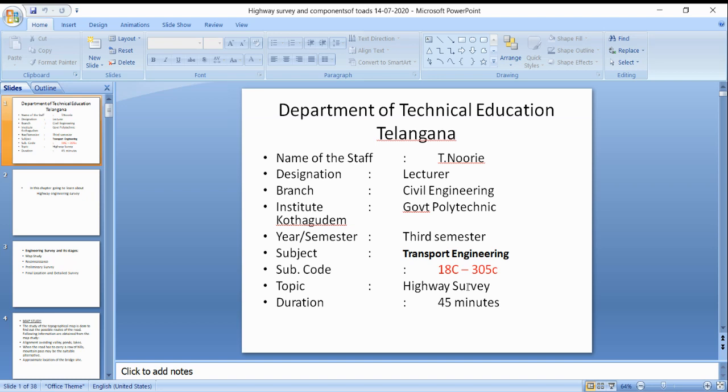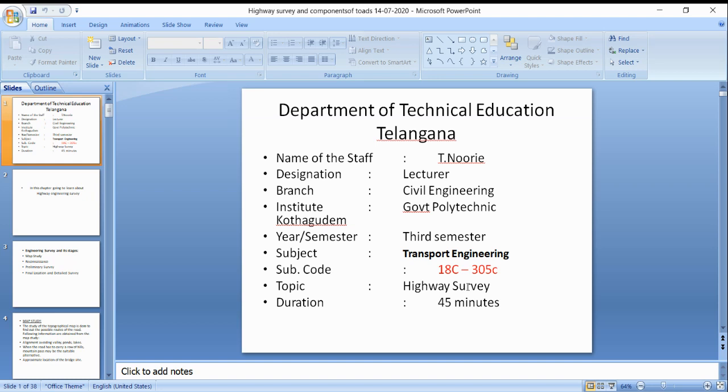Where we have two terminal points, a town to be served, a railway crossing and a mountain, we have to take a different alignment, a deviation from the straight alignment route.